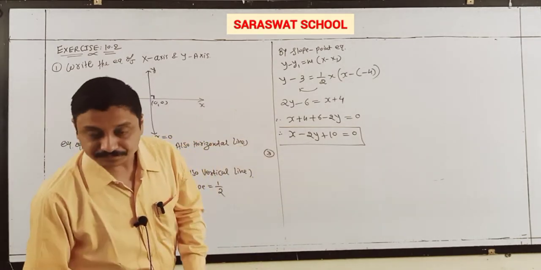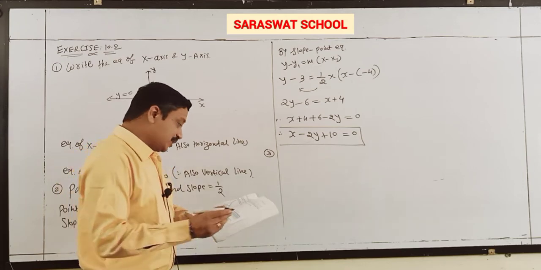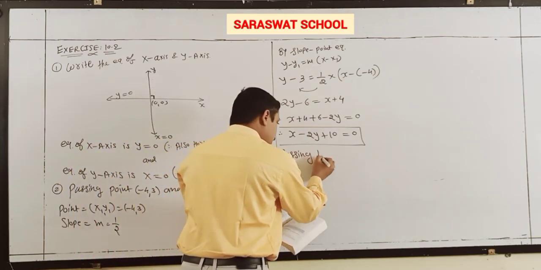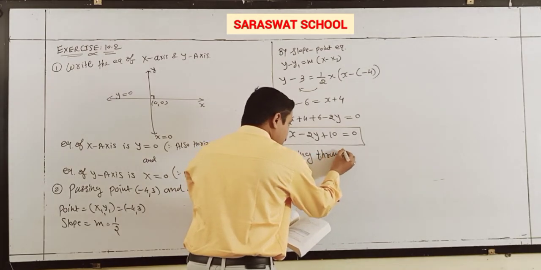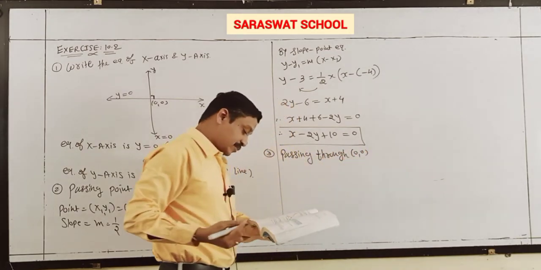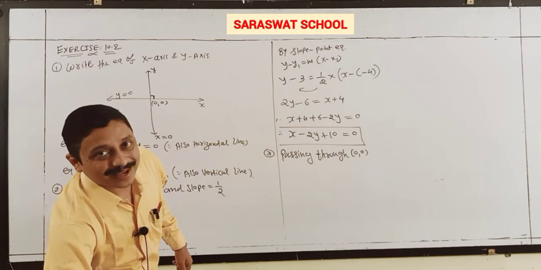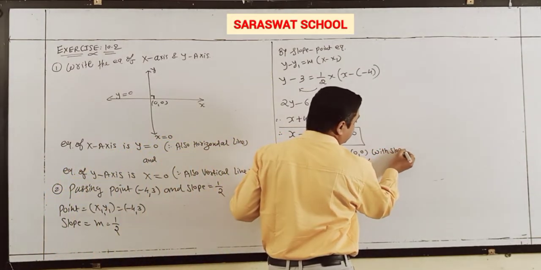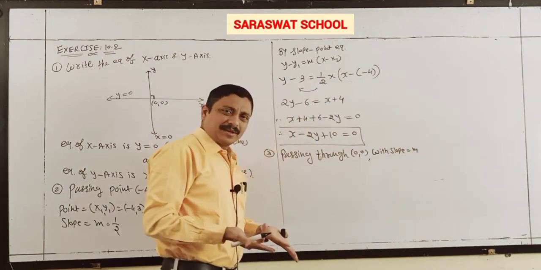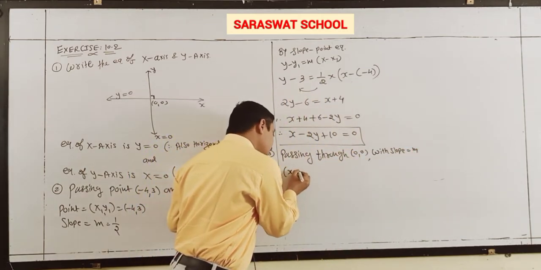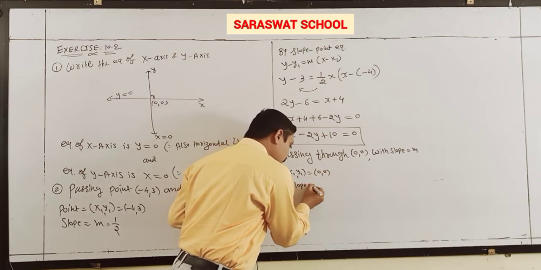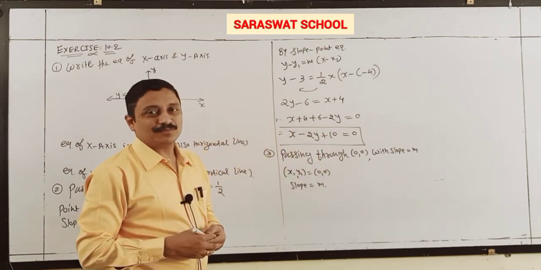Now the third one. Similarly, passing through 0, 0 and with slope m. With slope given, students, m. So very simple. I will take 0, 0 as my x1, y1 and the slope as m.